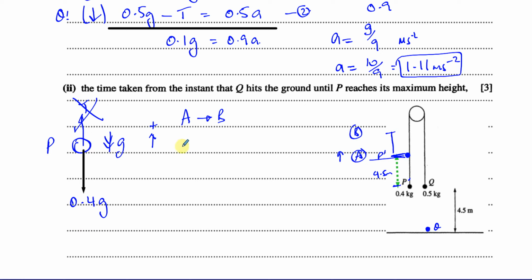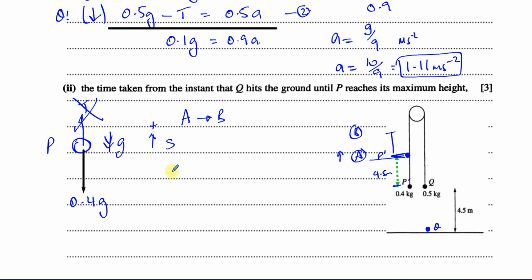So you can say the resultant force is minus 0.4g, which equals its mass, 0.4, times the acceleration, a. So basically it's just going to be minus g. We don't even have to do that. We know it's minus g because it's going up and it's going to go down. We know the only force acting on it is its weight, but you see how that works anyway.